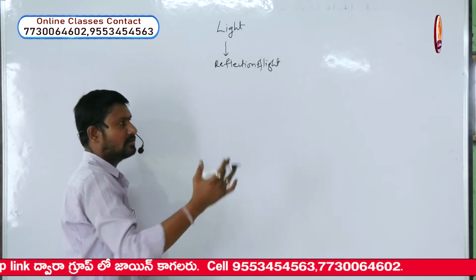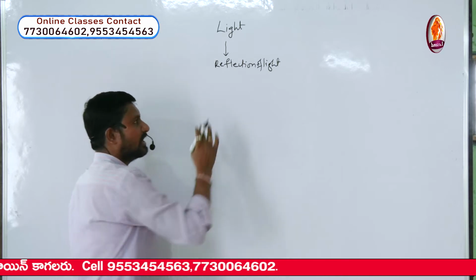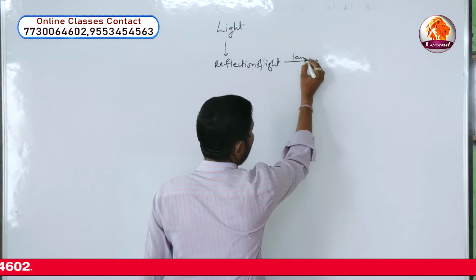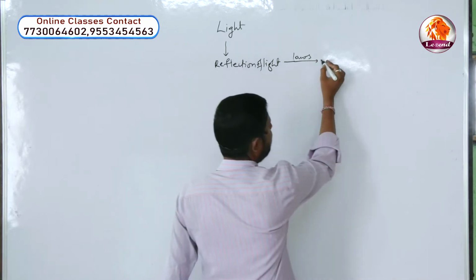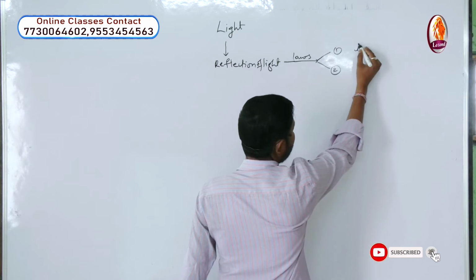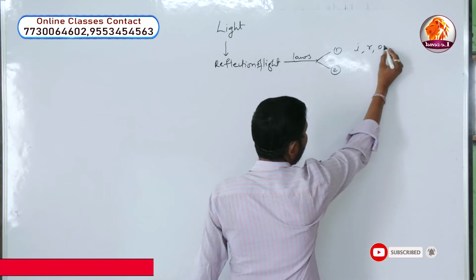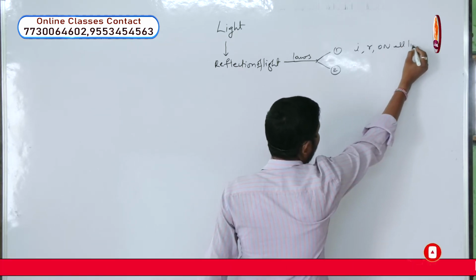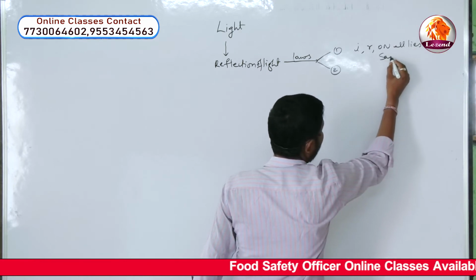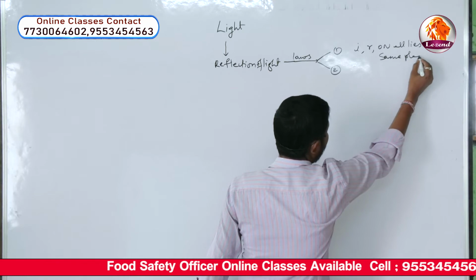We have to recall this when we write this flow chart. Whenever reflection takes place, we should follow the laws of reflection, and we have two laws of reflection. First one, the incident ray, reflected ray and normal all lie in the same plane.